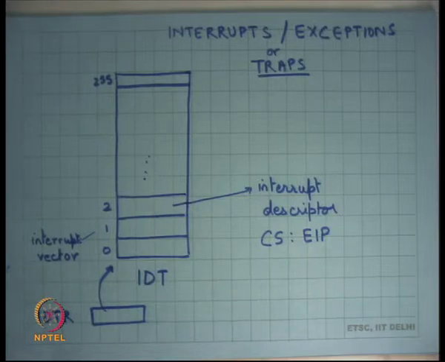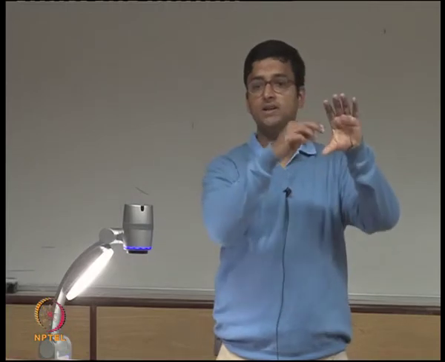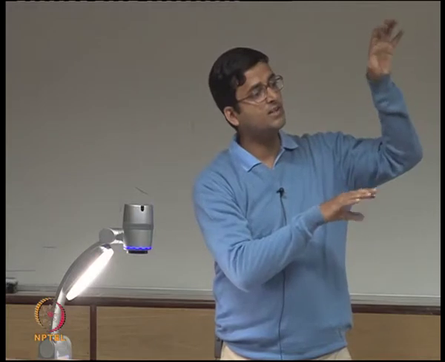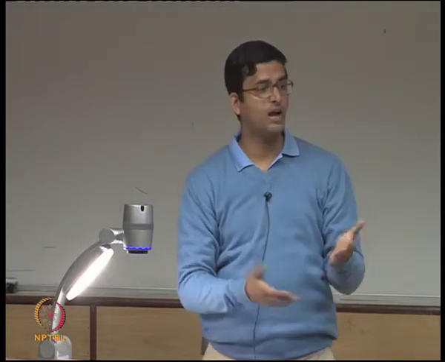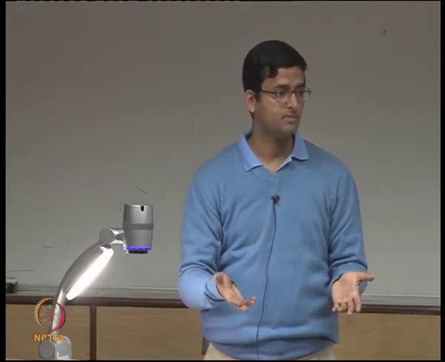Recall what a signal is: a signal is nothing but interrupting the process execution and making a call to the signal handler of the process, right? In some sense, the abstraction of Unix signals is very much inspired from what happens at the hardware level in terms of exceptions and interrupts, right?